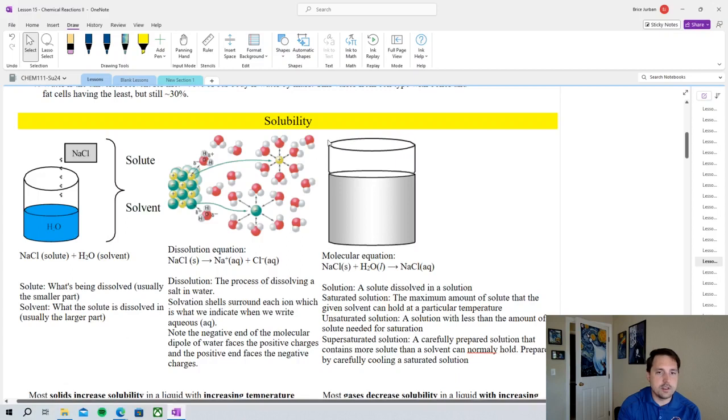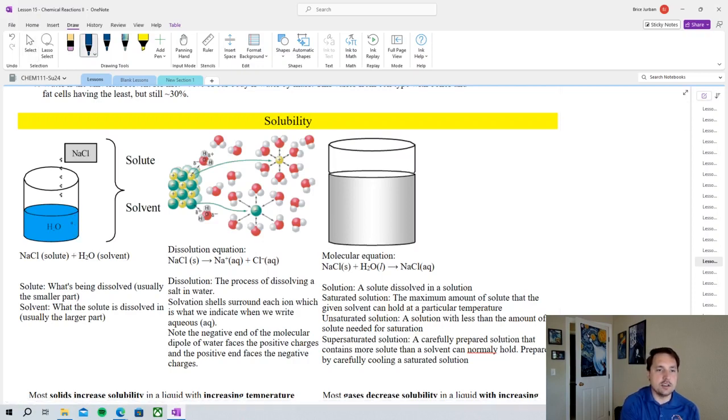Solubility, by definition, is the amount of substance that can be dissolved in water. If I look at this packet of sodium chloride being poured into some pure water here, we can define the smaller substance, the thing that's being dissolved, as the solute, and the portion that the solute is being dissolved in as the solvent.